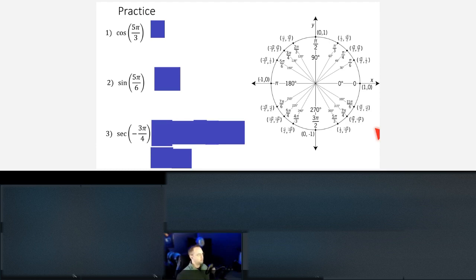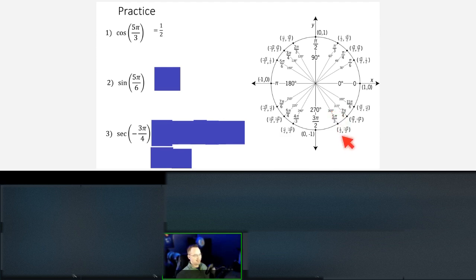Looks like lots of 1/2s. It probably is a half. So we just go over to 5 pi over 3. 5 pi over 3 is right here, and it is 300 degrees.